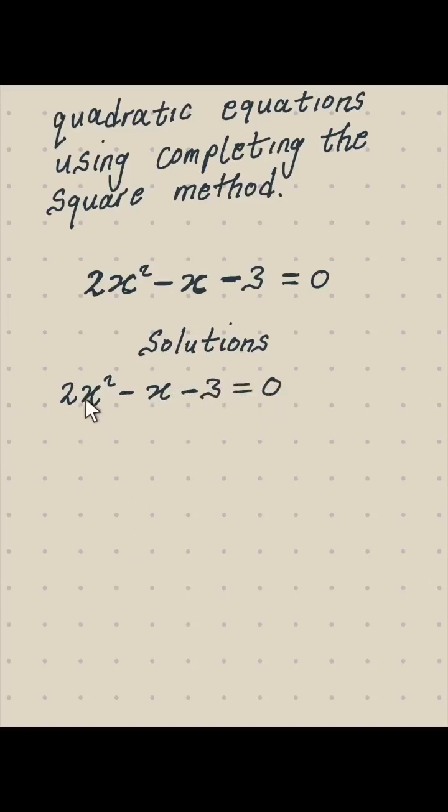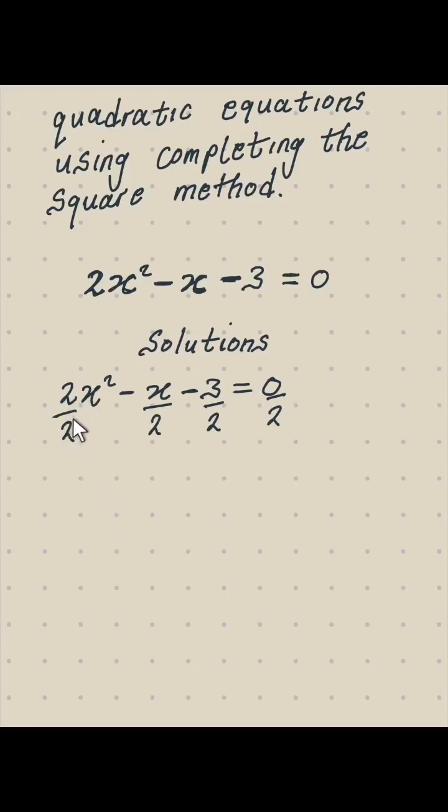Our goal is to make the coefficient of this term equal to 1. So we're going to divide by 2, which is the very coefficient. We divide every term by 2. Make sure that you divide the whole equation by that coefficient.